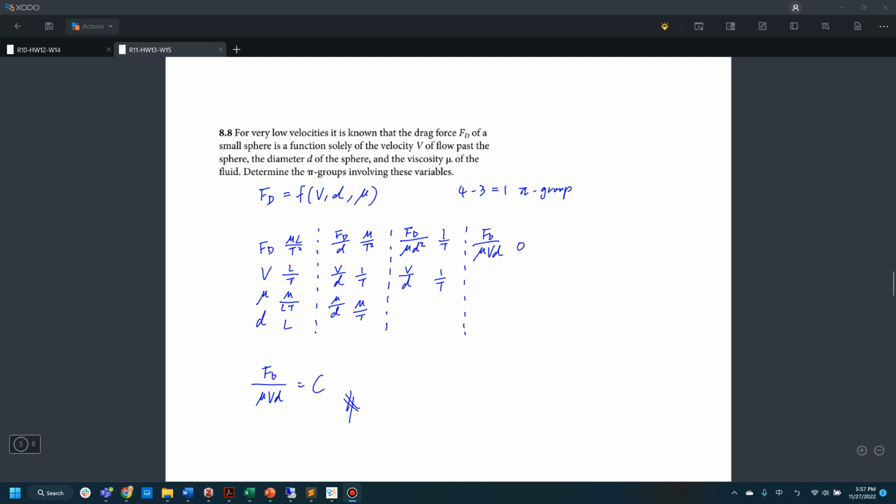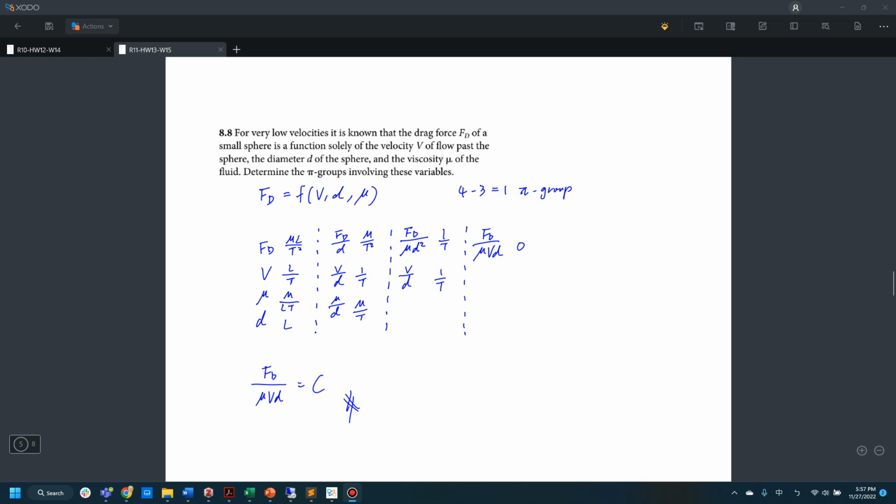In this question, we will adopt the step-by-step method to figure out the pi group. Let's first write down the relationship equation: the drag force is a function of v, d, and mu. We first write down the first column.